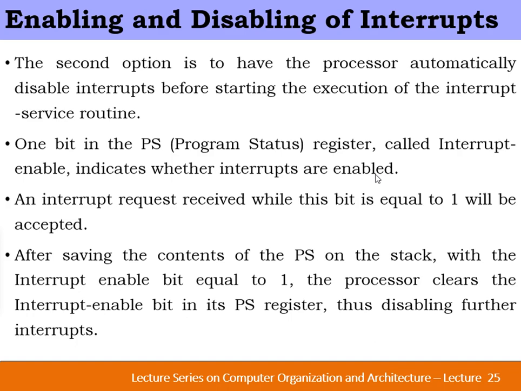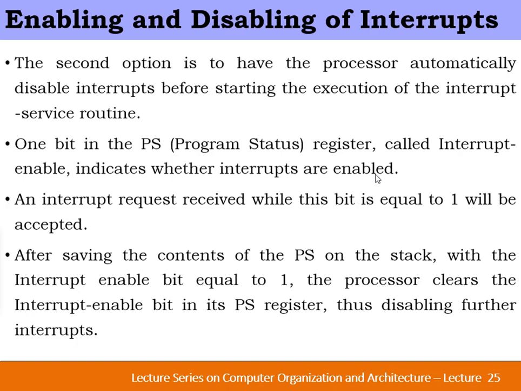Now the formal procedure: whenever an interrupt request has been accepted, the procedure is to save the content of the program status register onto the stack. Along with that, we will be saving the content of the program counter and other special purpose registers, and the required information will be saved onto a particular register or onto the stack.